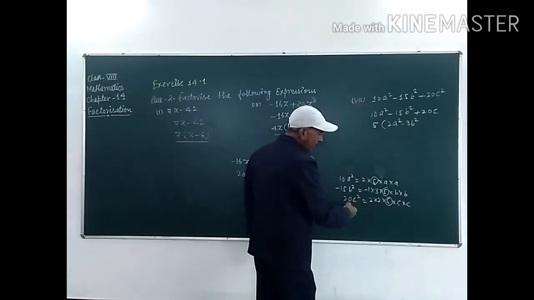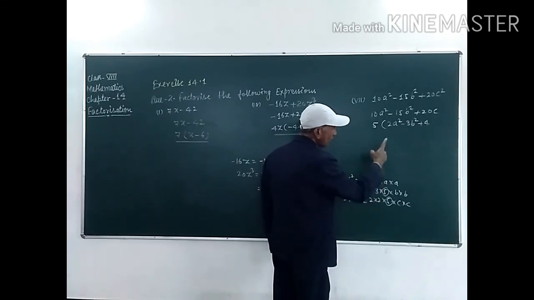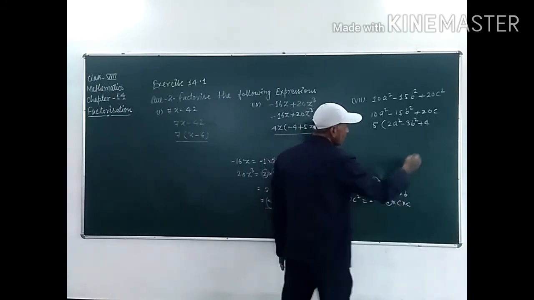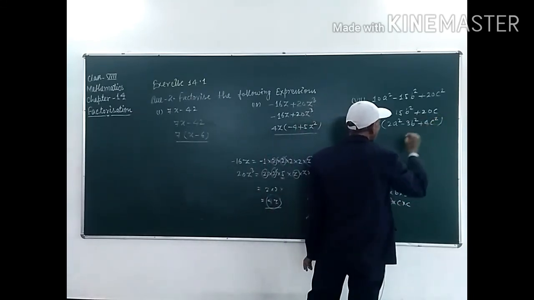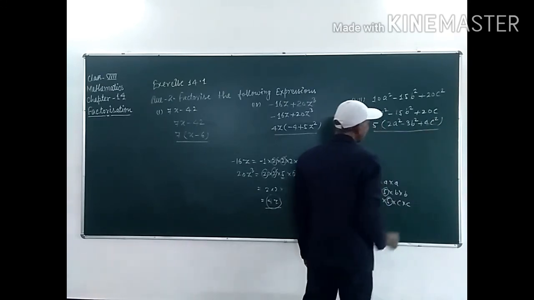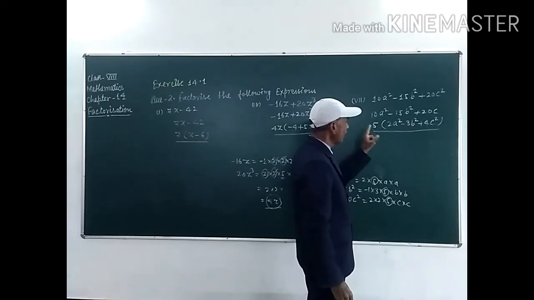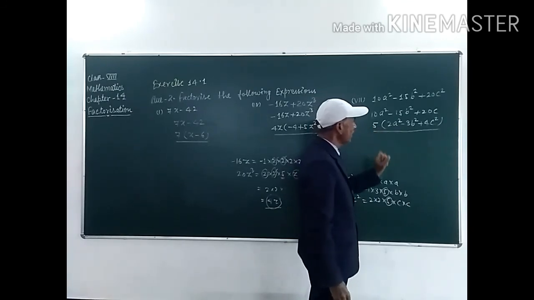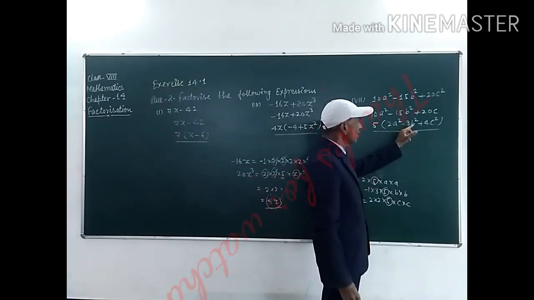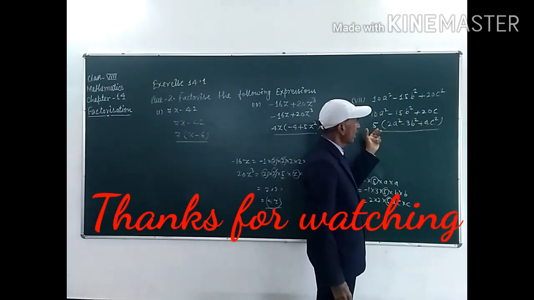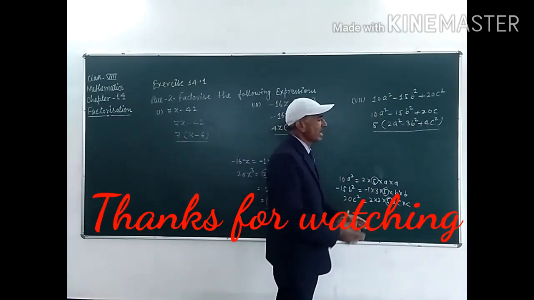And the third part, into 2, that is 4, and c into c, c square. So after factorizing, the answer will be: 5 is one factor and the other factor is 2a square minus 3b square plus 4c square. So this one is the answer, student.